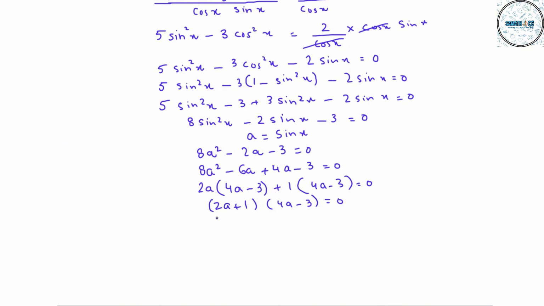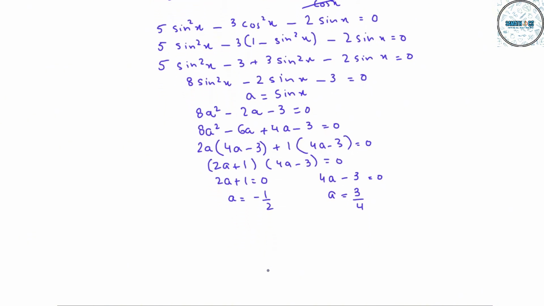So we have here 2a plus 1 is equal to 0 and a is equal to minus 1 upon 2. 4a minus 3 is equal to 0 and a is equal to 3 upon 4.